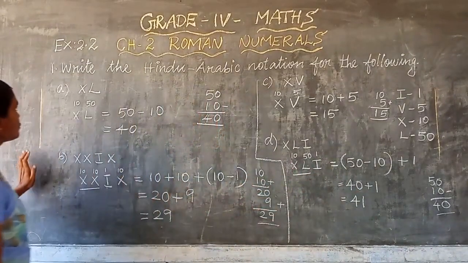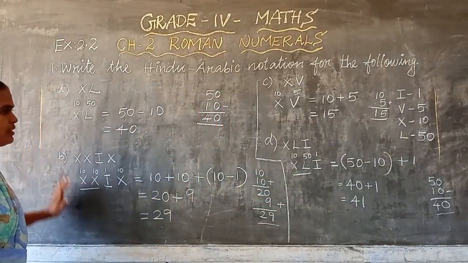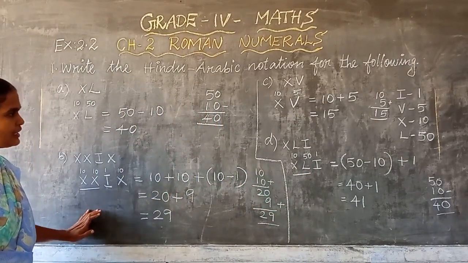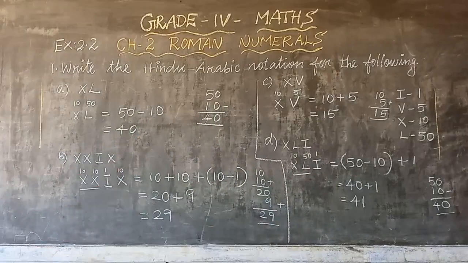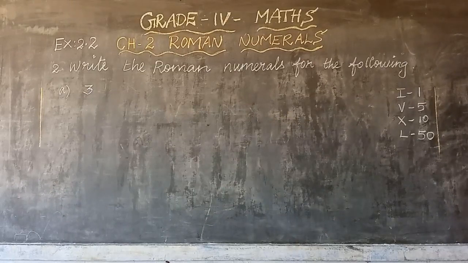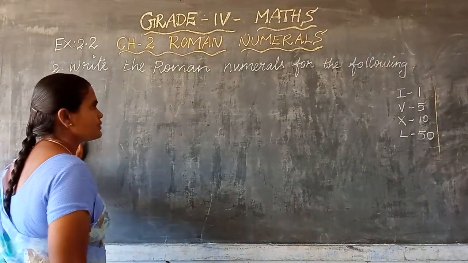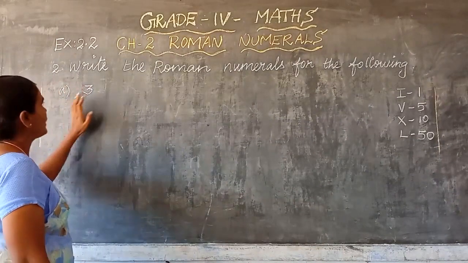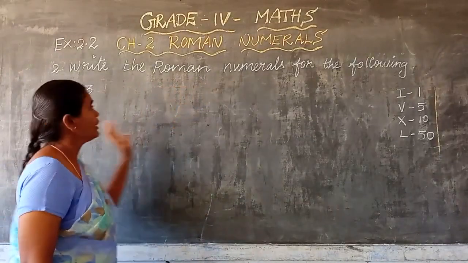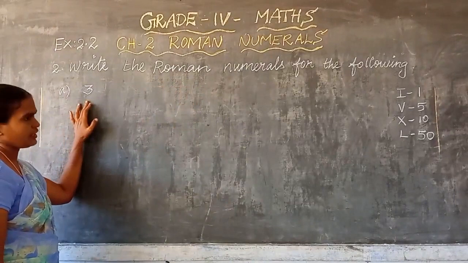So this exercise 2.2, this first Roman, copy in your classwork note, write neatly. So second one, write the Roman numerals for the following. A1, 3.